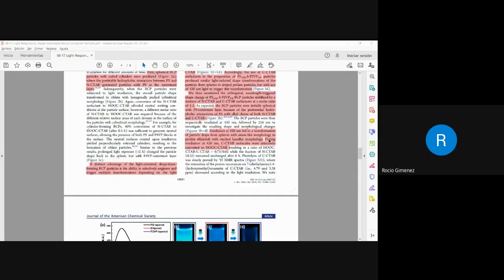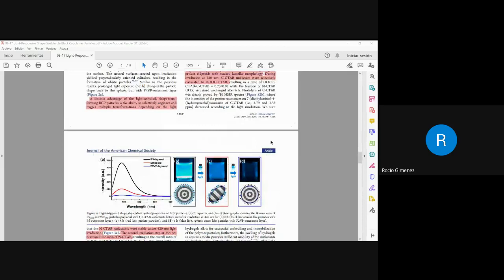Also, the light-cleavable group of the CC-tab is strongly emissive, imparting tunable optical properties to the particles and allowing monitoring of the light-triggered shape transformation by a color change.